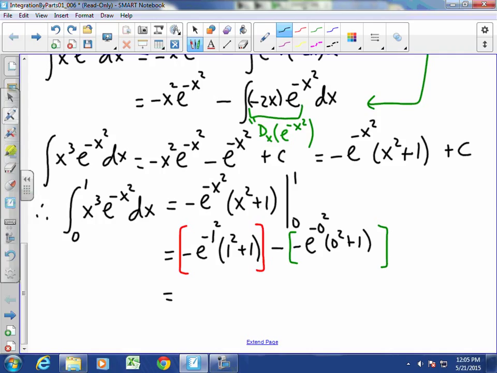And simplifying, 1 plus 1 is 2, so you get negative 2 over e. Then 0 plus 1 is 1, and e to the 0 is also 1, so plus 1.